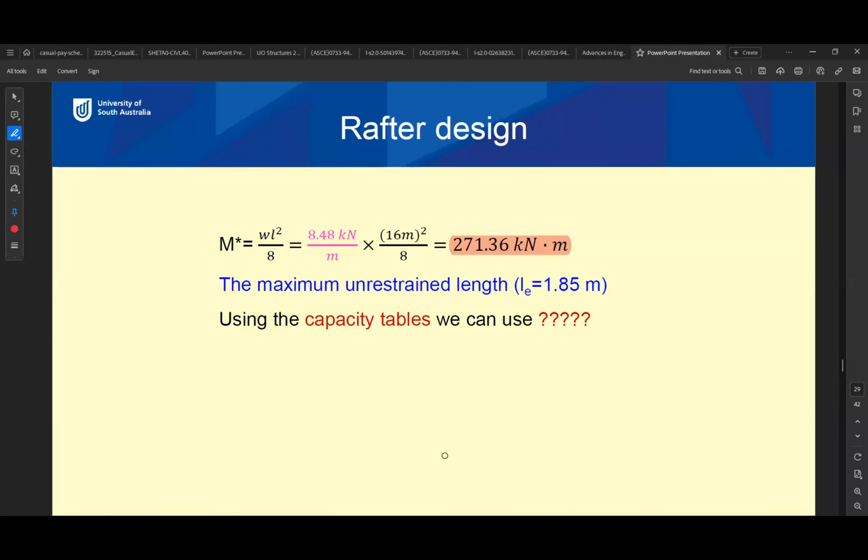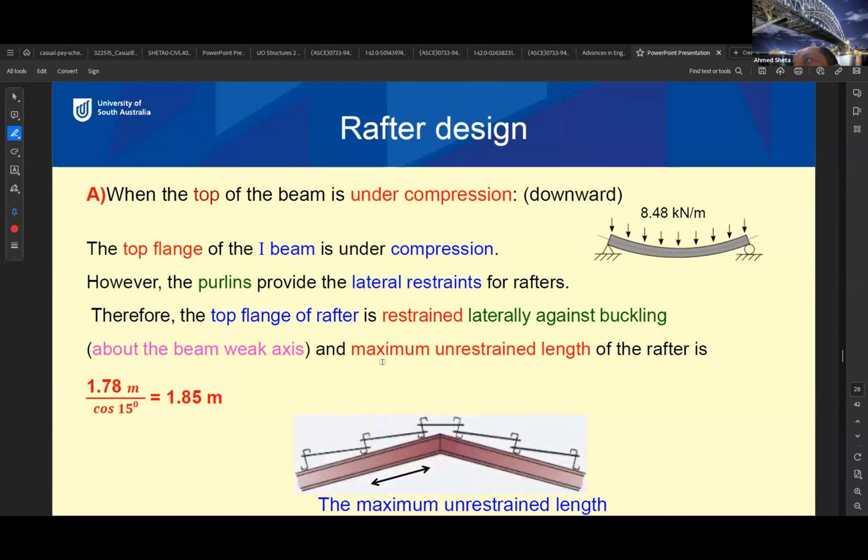The unrestrained length. What is the unrestrained length? The unrestrained length is the length that is susceptible to buckling. So when the top of the beam is under compression, because buckling is related to compression, a member under compression is subject to buckling.